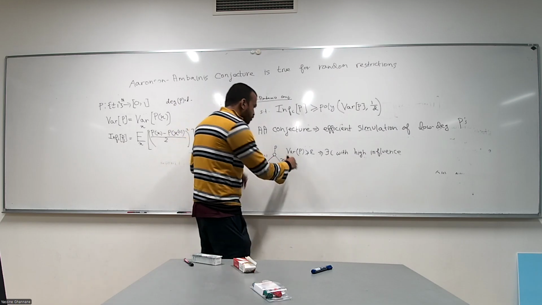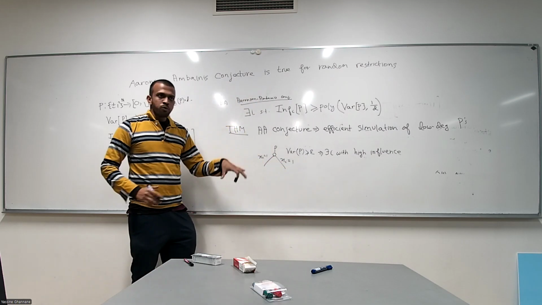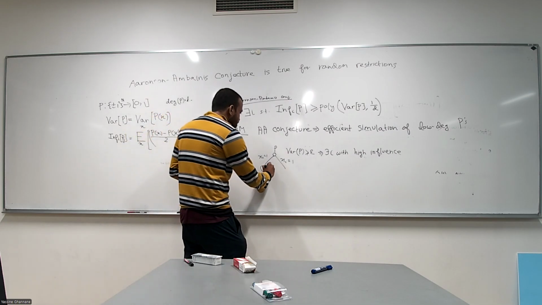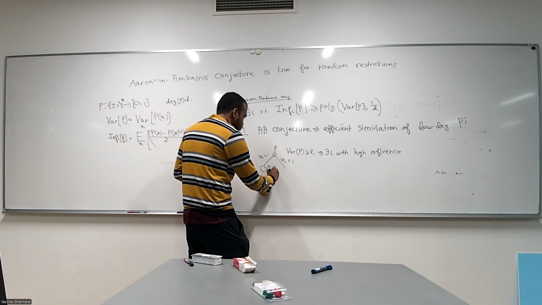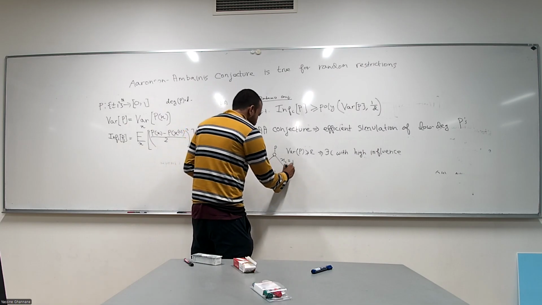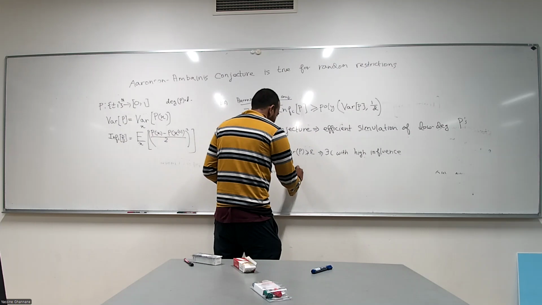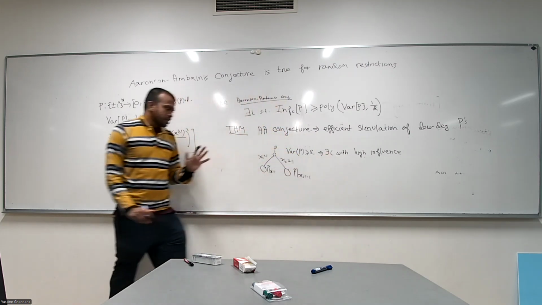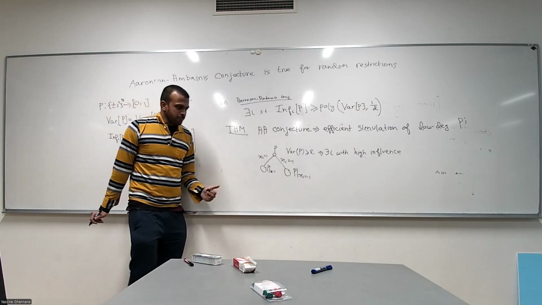Now, depending on what value we got, we get two possible restrictions. If we get xi equals 1, then we move to the restriction of p with xi equals 1, and similarly for the other one. Now the main thing we want to show is the following.